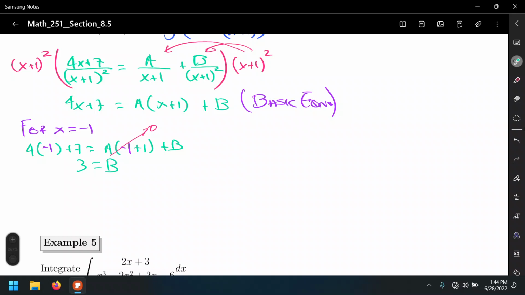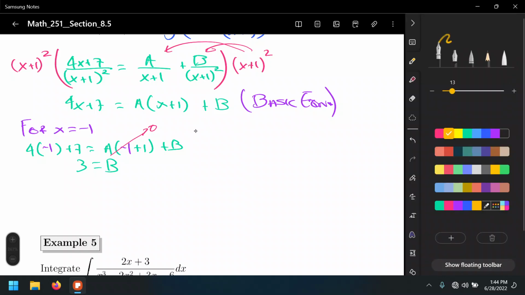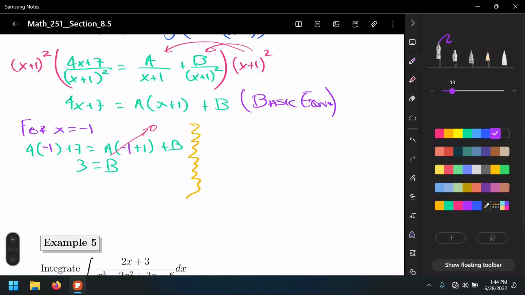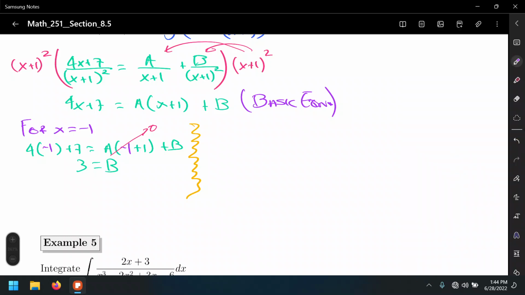Well, what we're going to do instead, we're going to use the value that we just obtained for B equals 3, and for the convenient value of x, choose your favorite value.